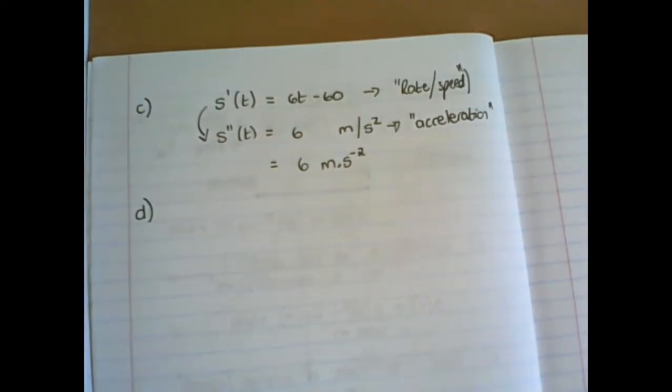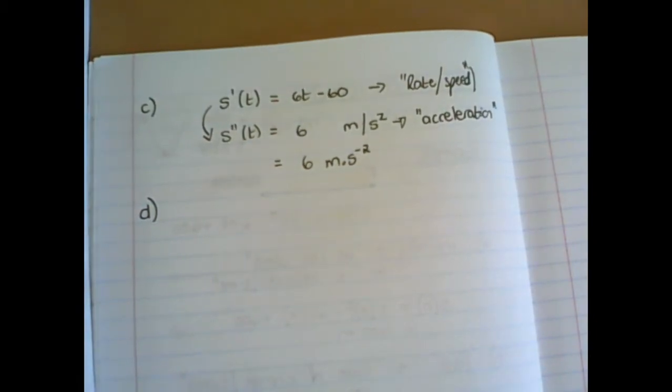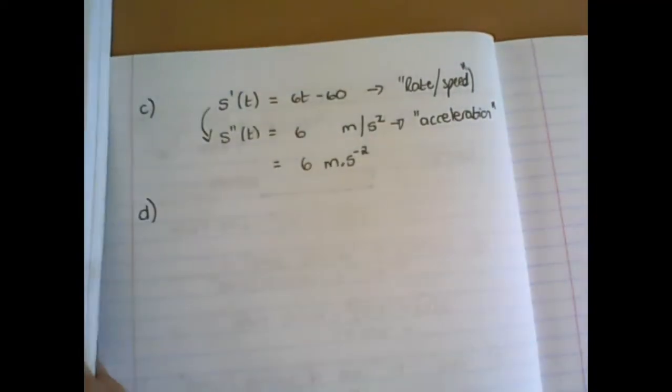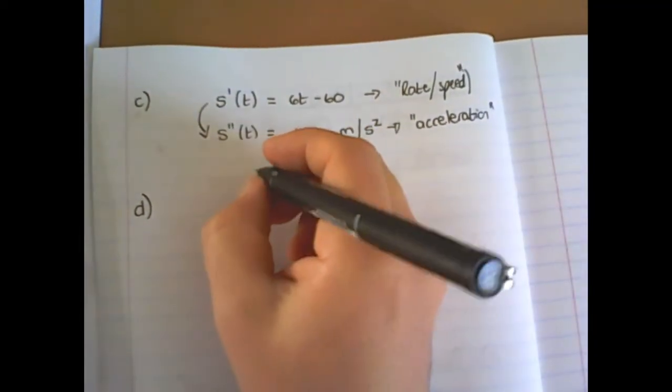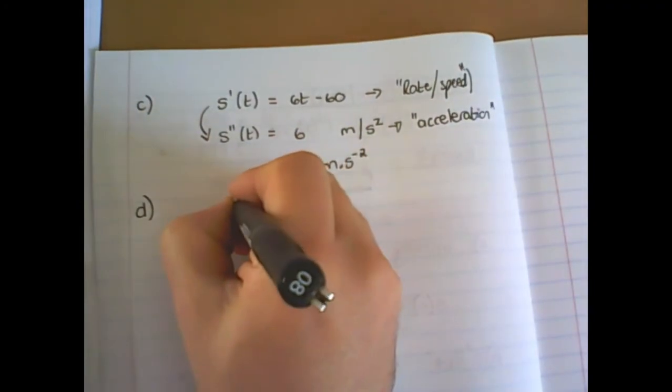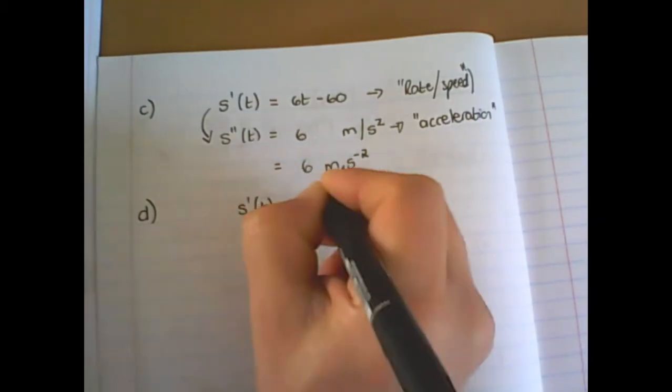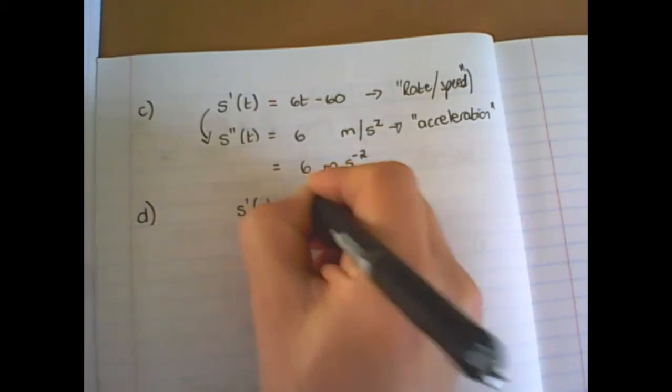It'll be unfair. Then they say, what is the minimum distance between the particle and point P? So what is the minimum distance between the particle and point P? Now what we do know is that for a minimum and a maximum, we take the first derivative and we set it equal to 0.